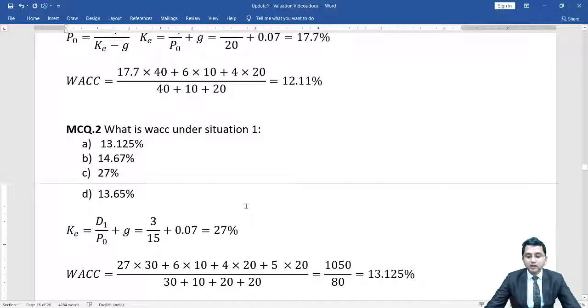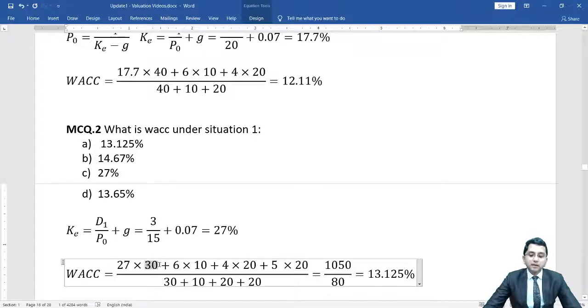And then to calculate weighted average cost of capital, cost of equity is 27% multiplied by market value of equity 30 lakhs. Mind it, 2 lakh equity shares are there and each share is worth rupees 15. So 2 lakh into 15 is 30 lakh rupees. Then same 6% preference share of rupees 10 lakh. Then 8% debenture, so cost of debt is 4%, worth rupees 20 lakh. Then 10% new debentures. So after tax cost of debt will be 5%, worth rupees 20 lakh.